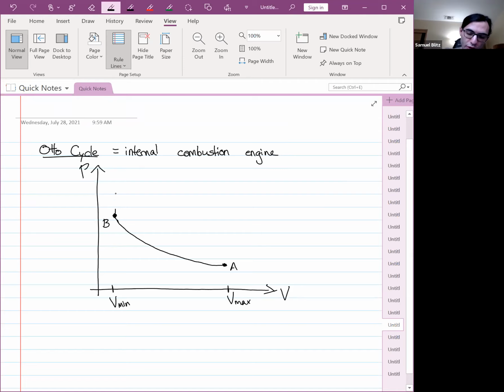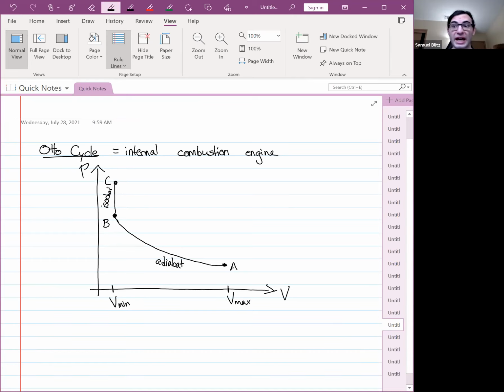So we can approximate that process as an isochoric process, because the volume is staying roughly constant because it's happening so quickly. And yet the pressure is increasing, just because it's heating up very quickly.